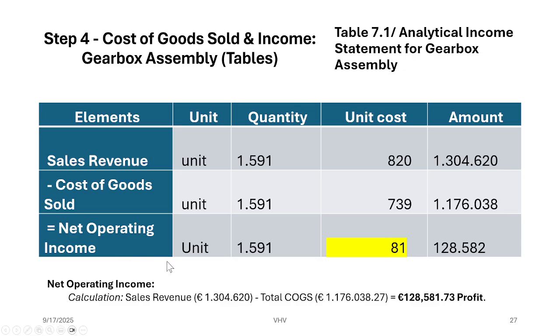This leaves us with a net operating income of 1,028,582. This is a very positive result for the gearbox product line. If you want to calculate the net operating income per unit, you can use the total amount divided by quantity. So we can say that for every single product sold, the company earns a net operating income of 81 euro.